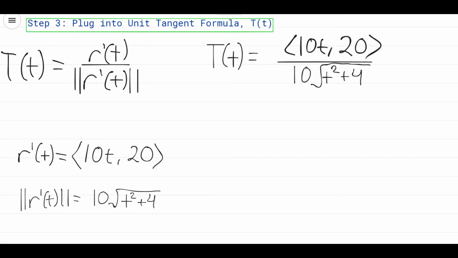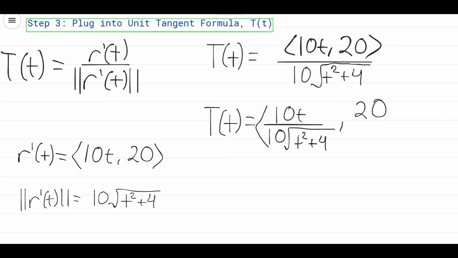Then from there, we're going to simplify this a little bit. We distribute the magnitude to each term separately: 10t divided by 10 square root of t squared plus 4, comma 20 divided by 10 square root of t squared plus 4.